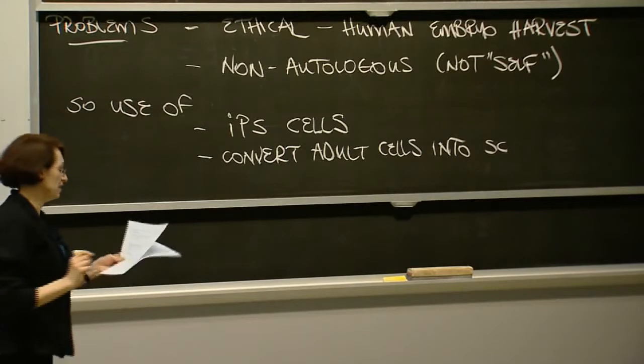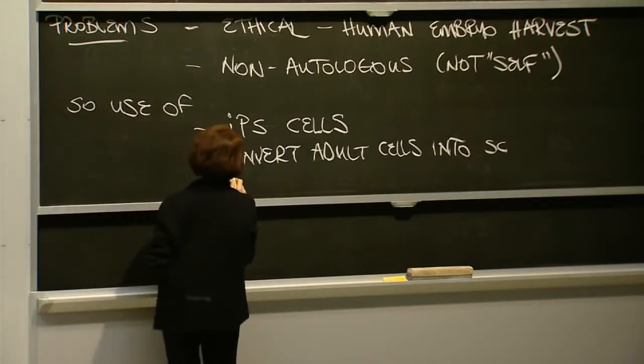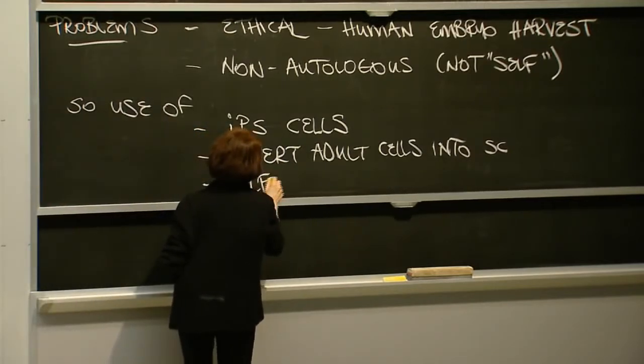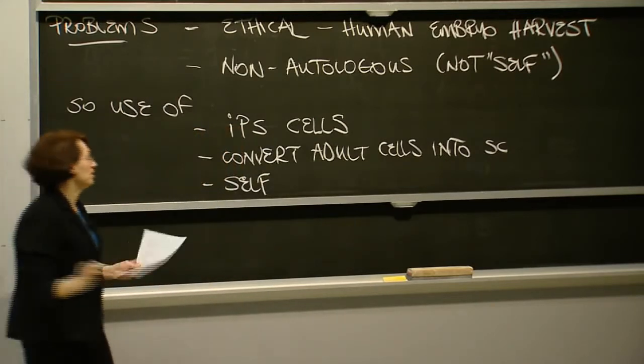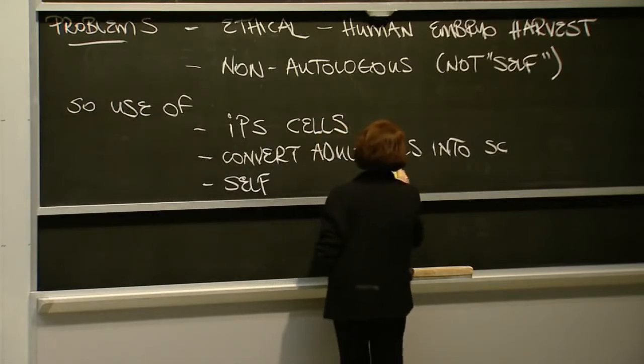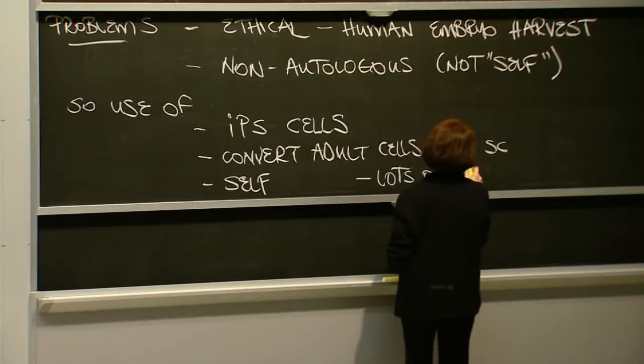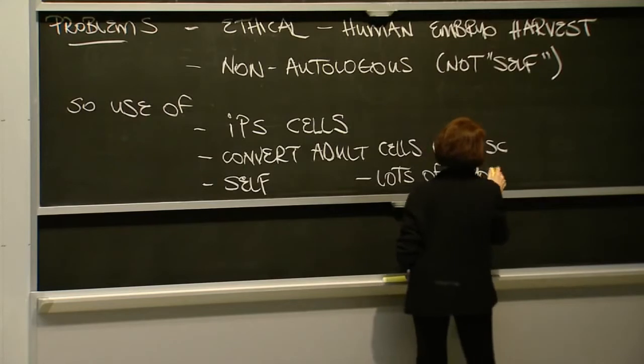The advantage of these is that they are autologous cells. You could do them from yourself. The disadvantage is that they're really not proven, and there are still, I will just say, lots of problems.